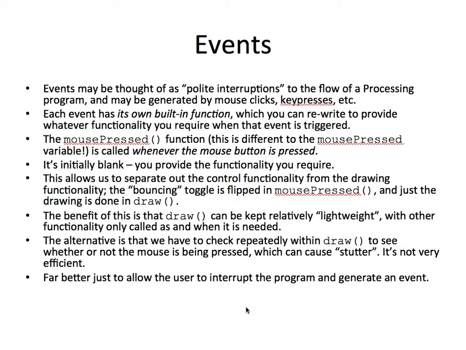But you can redefine it to do whatever you want, and this allows us to nicely separate out the functionality in our program and only handle mouse presses in a self-contained function called mousePressed. So rather than burying it in the middle of a big draw function, we can separate out the functionality, so that dealing with the flipping of the toggle switch is done only where it's actually handled.